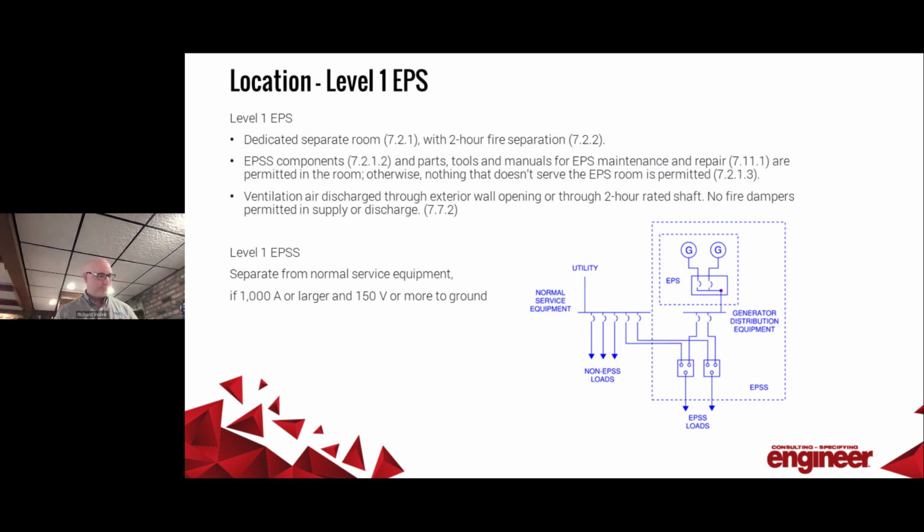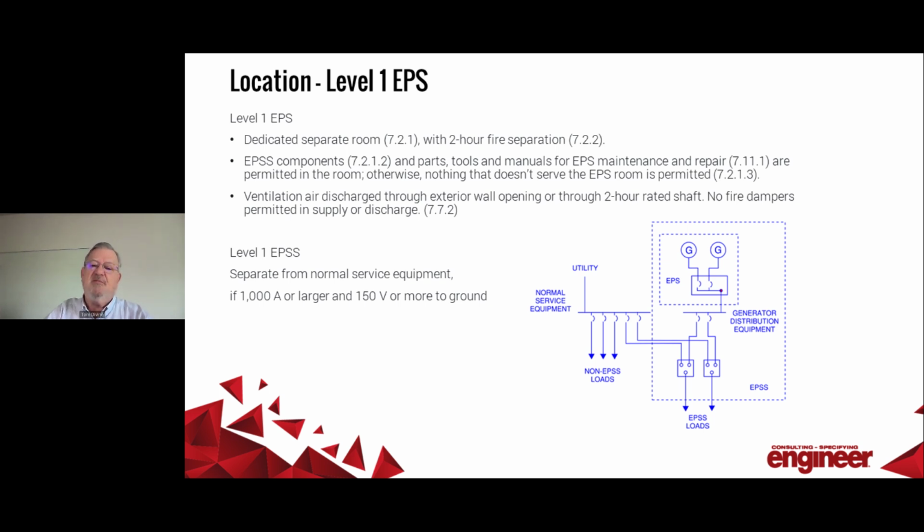Here's some of the requirements for the EPS location, the location of the emergency power supply itself. And we'll start with level 1. Those requirements are in Chapter 7. And here are some of the requirements for indoor. The EPS room has to be separated from the rest of the facility, and it has to be dedicated to the EPS, and it has to have a 2-hour fire separation.